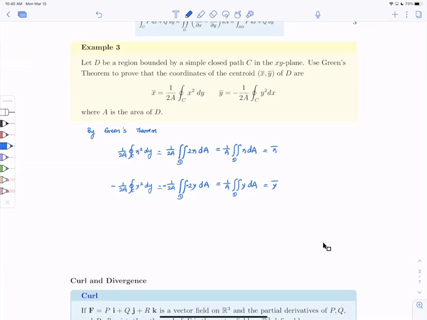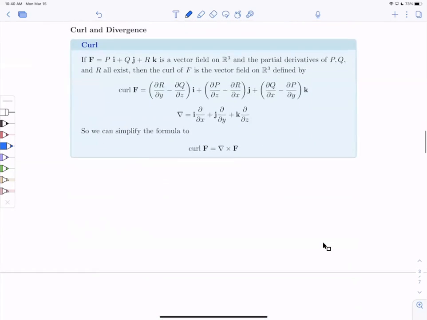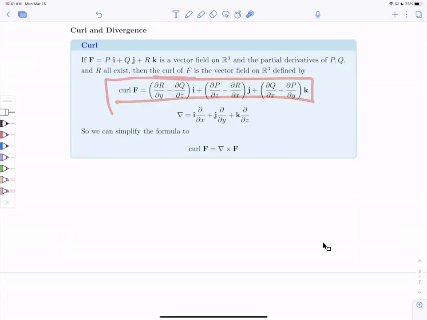Okay. Now let's move on to curl and divergence. It's basically the same as before, except you're given a new formula. If F is a vector field in R3 and the partial derivatives of P, Q, R all exist, then the curl of F is this, which is just del cross F. So make sure you remember how to do cross product.